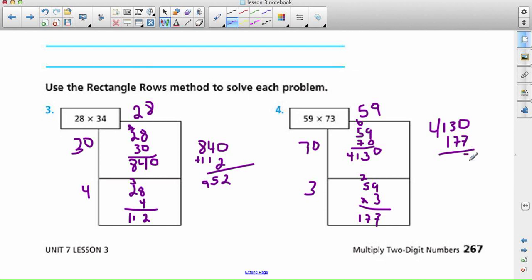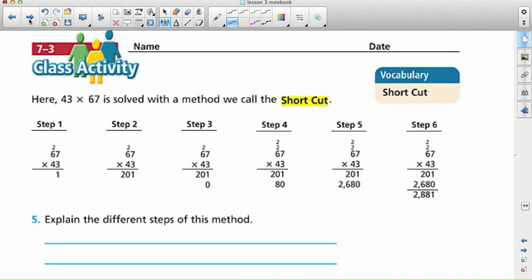Right, 7 plus 0 is 7, 7 plus 3 is 10, and 3 ones all in a row is 3, 4,307. Okay, so 59 times 73, 4,307.